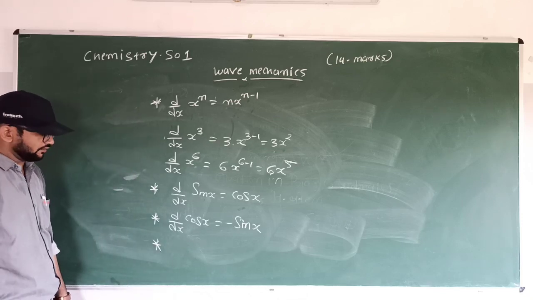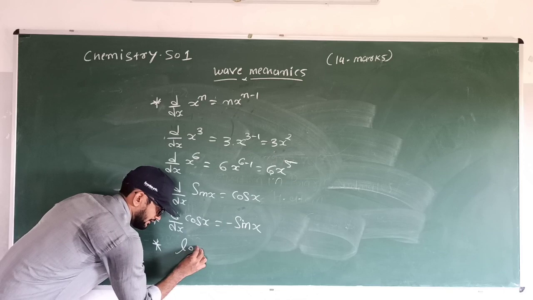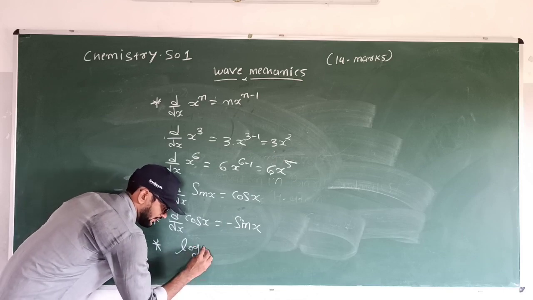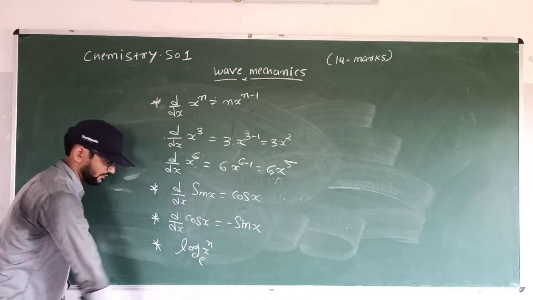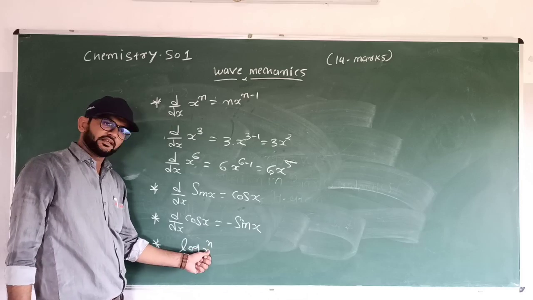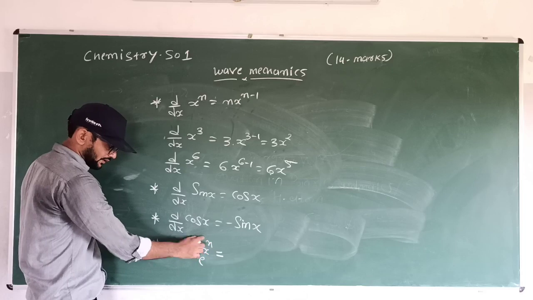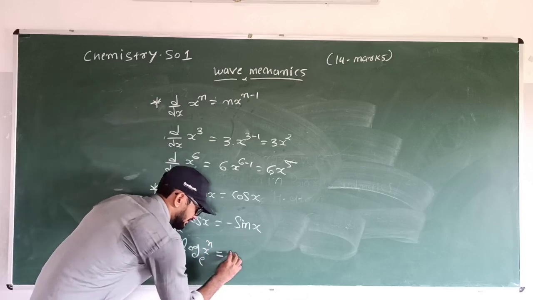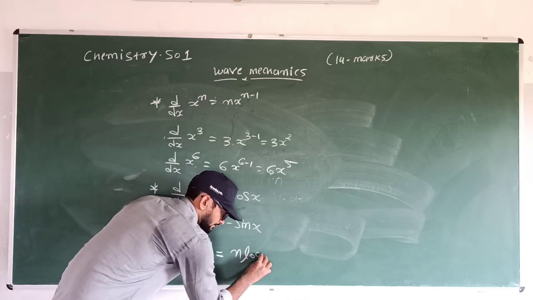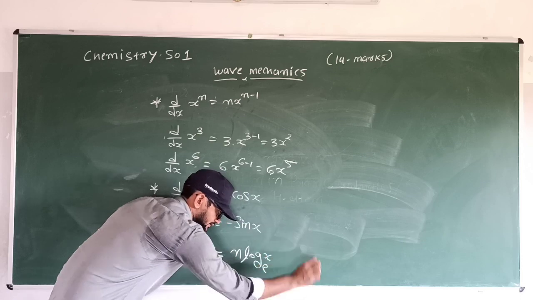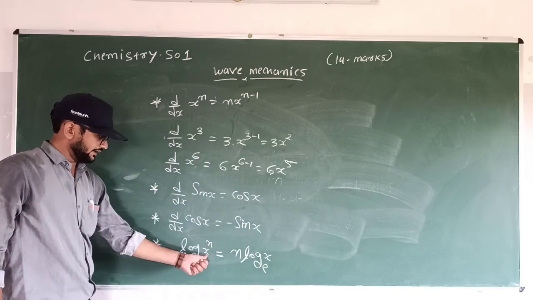Then after, the logarithm, simple logarithm e base, of x to the power n is equal to n log e base x, since n comes down in front.